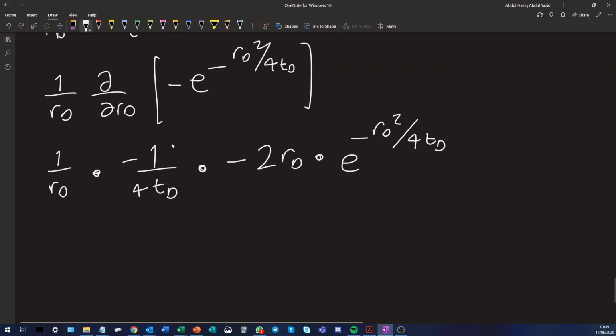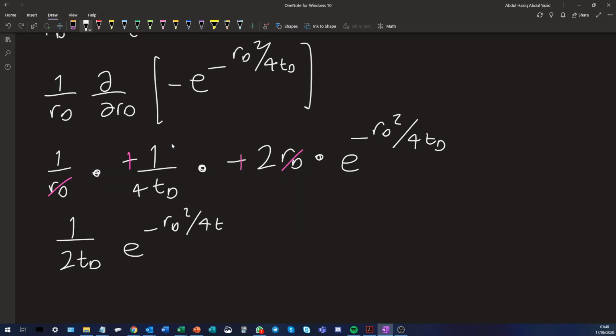Okay, that's a bit of a mouthful. So the r sub d's cancel out, 2 over 4. Finally, we have 1 over 2 t sub d, e to the negative r sub d squared over 4 t sub d.